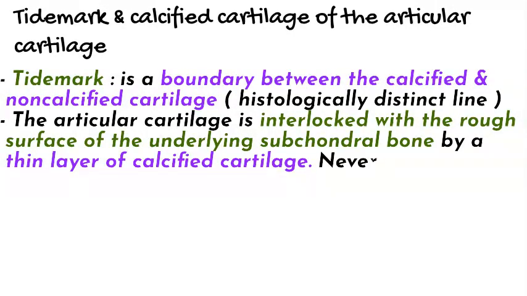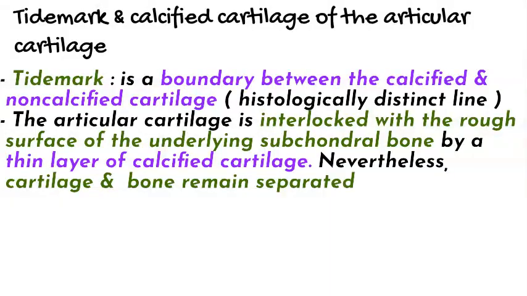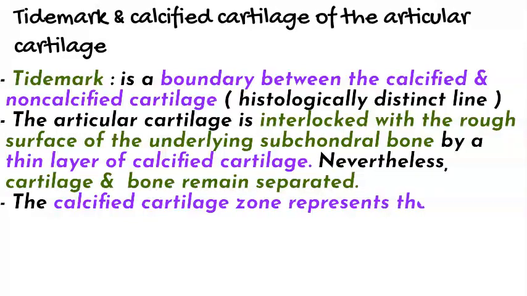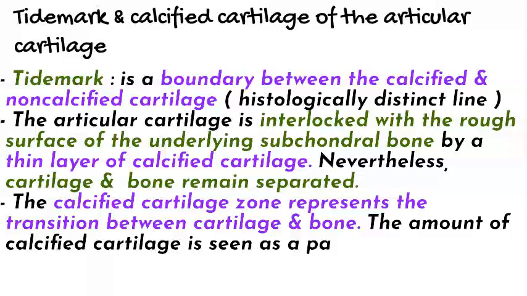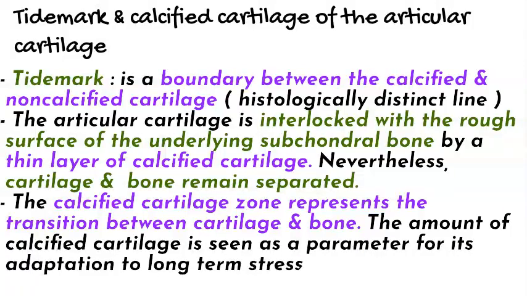Nevertheless, cartilage and bone remain separated. The calcified cartilage zone represents the transition between cartilage and bone. The amount of calcified cartilage is seen as a parameter for its adaptation to long-term stress.